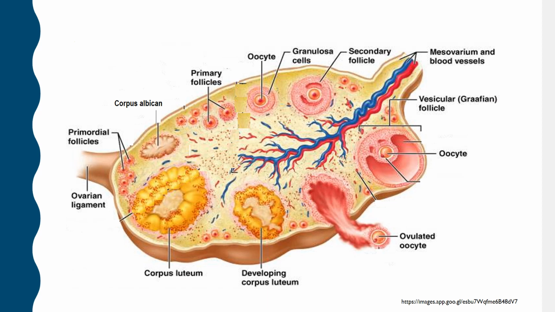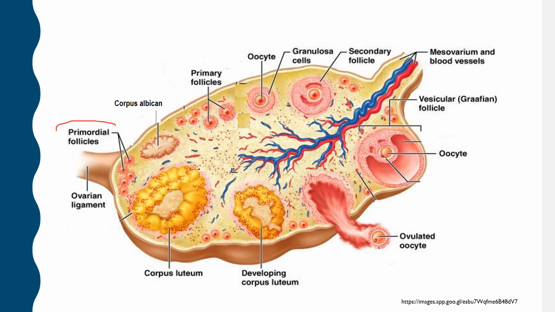So this is the cross section of the ovaries that we looked at in the beginning of the lecture. So the entire changes of your follicle development can be summarized in this one image, and we can recap everything that we have gone through by just looking at all the changes in the follicle that is happening here.